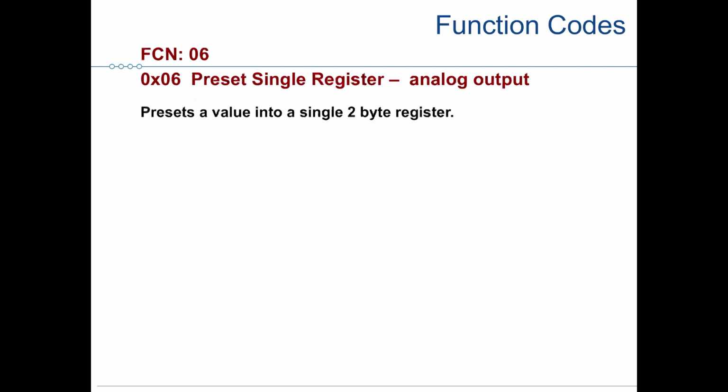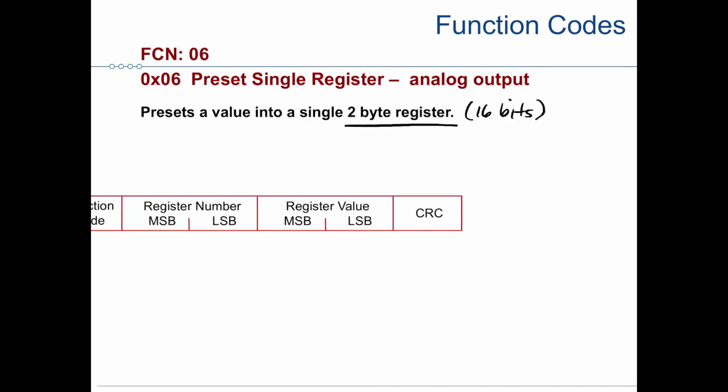Now if we look at a preset single, this is for a set point or an analog output, setting the value of temperature, pressure, or speed on a motor. So it presets a value into a single 2-byte register. And remember, all Modbus multi-bit registers are 2 bytes by default, so that's a 16-bit register.